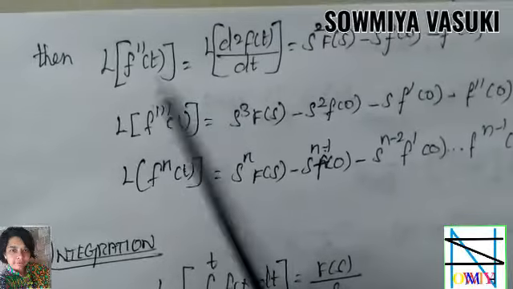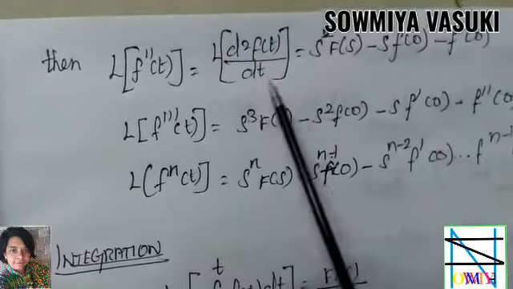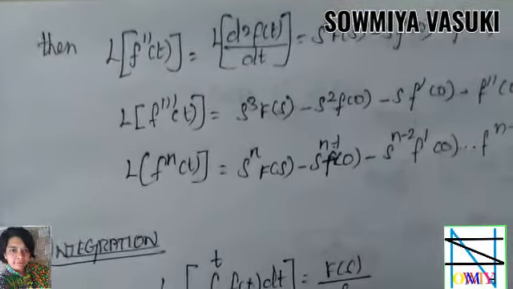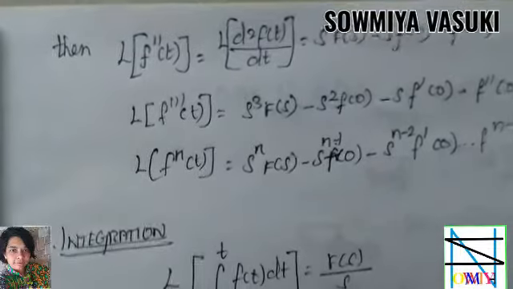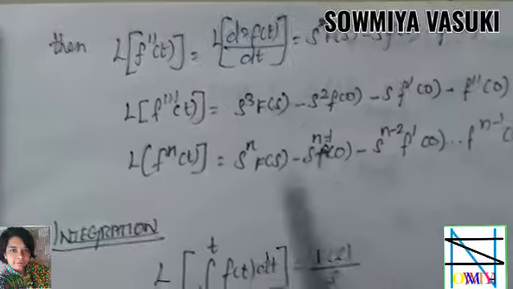Then L of f''(t) is equal to L of d²f(t)/dt², equal to s² F(s) minus s f(0) minus f'(0).